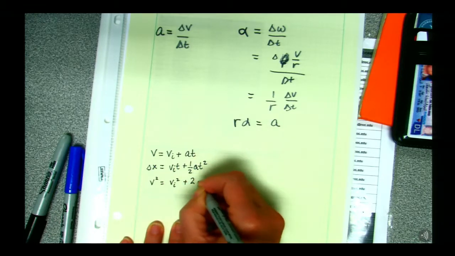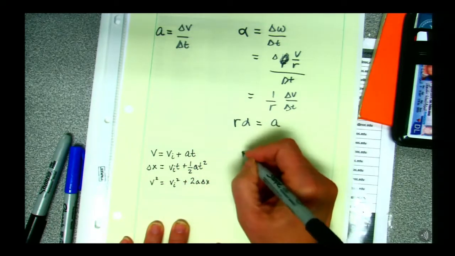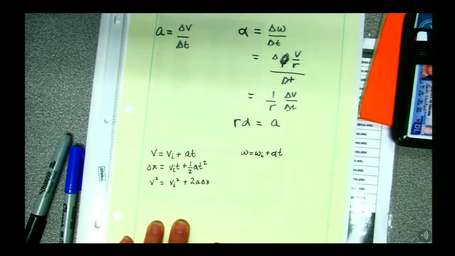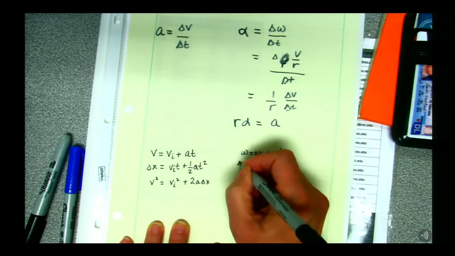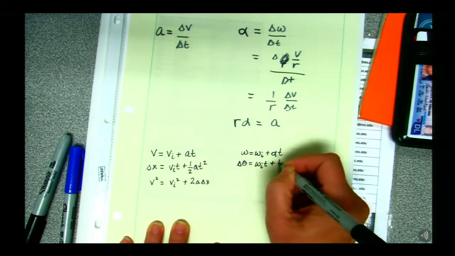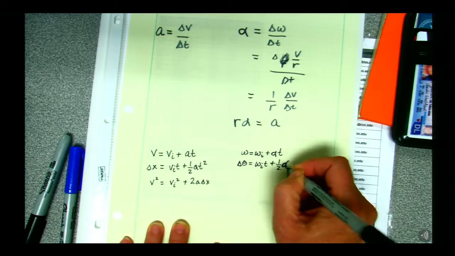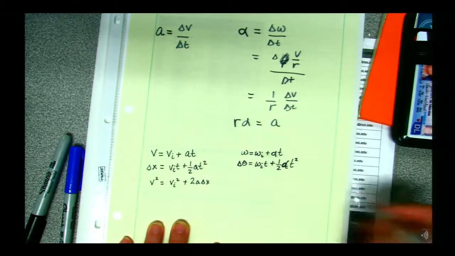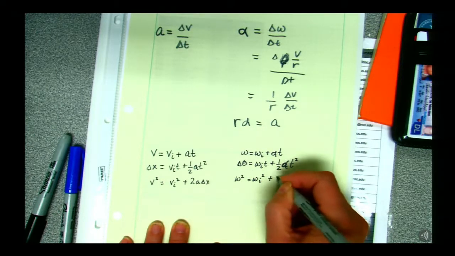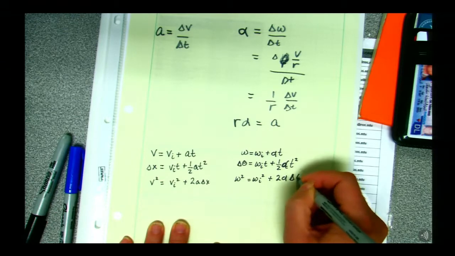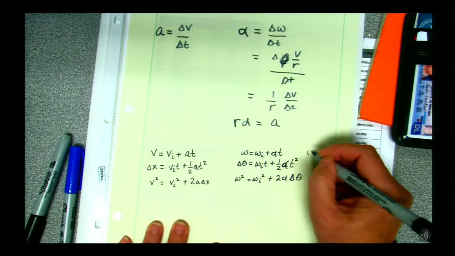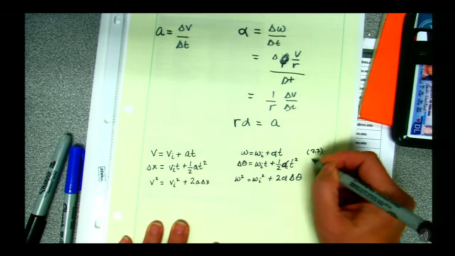Then I have omega equals omega initial plus my angular acceleration times time. My change in angle is equal to my initial omega times time plus 1/2 alpha T squared. And omega squared is equal to omega initial squared plus 2 alpha change in angle. In your book, these are around 7.7, 7.8, and 7.9 for your equations.